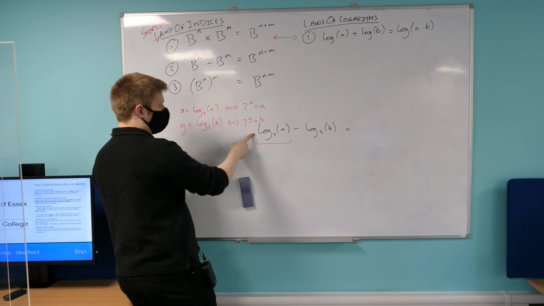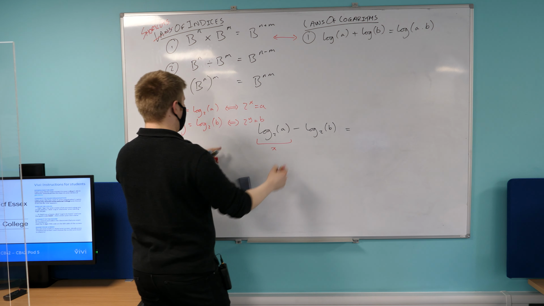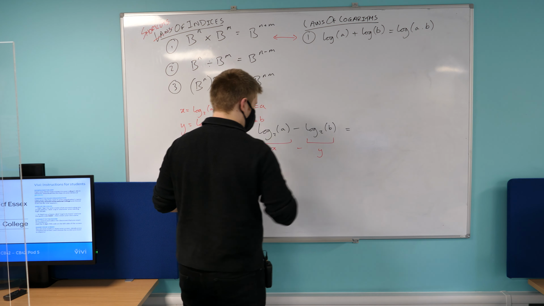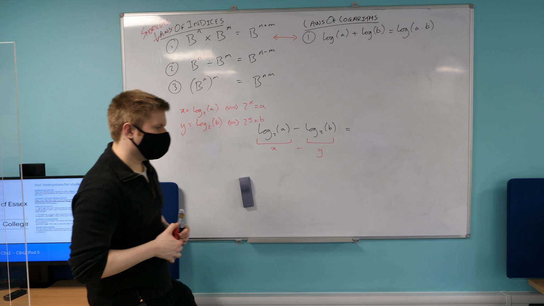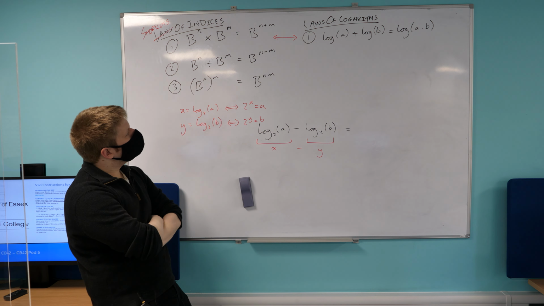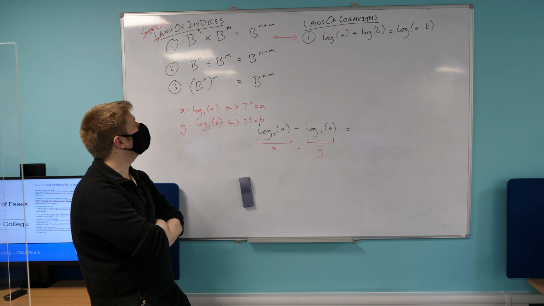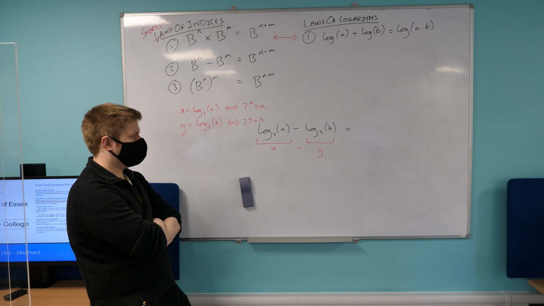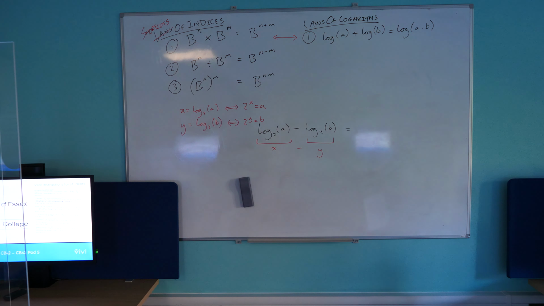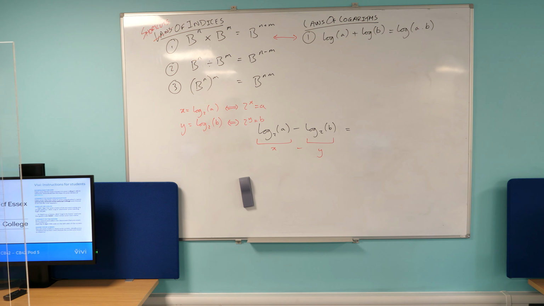So that thing there is just x, and that thing there is just y. So in other words, I'm subtracting y from x, so x take away y. Can you think of a law of indices where I subtract? These things are just powers. Can you think of a law of indices where I subtract the powers?